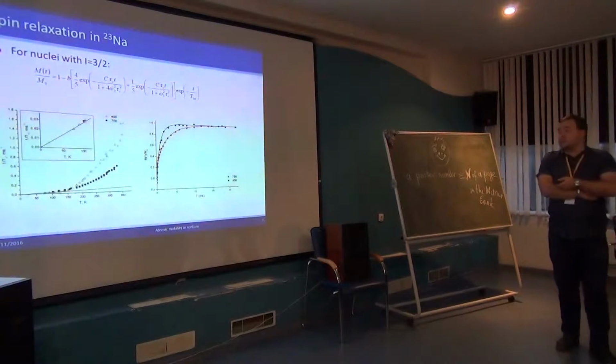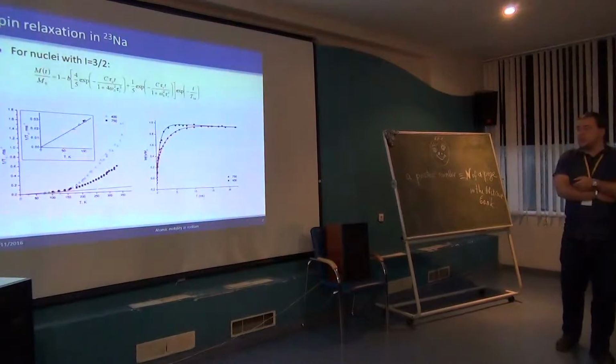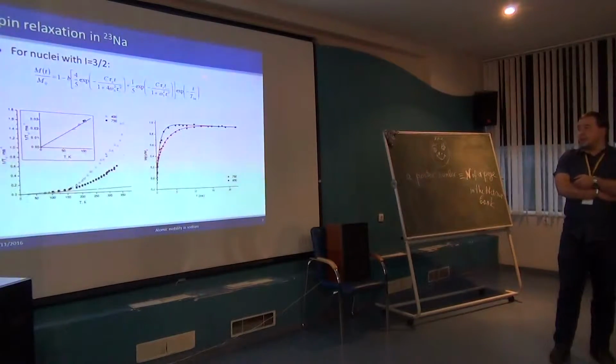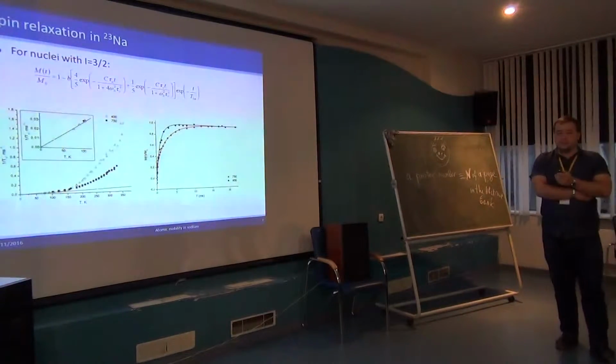So the solution was to perform measurements at two magnetic fields, and we have two different values of resonance frequency. So we can simultaneously fit two relaxation curves. And the remaining problem is to determine the magnetic contribution to the relaxation time.